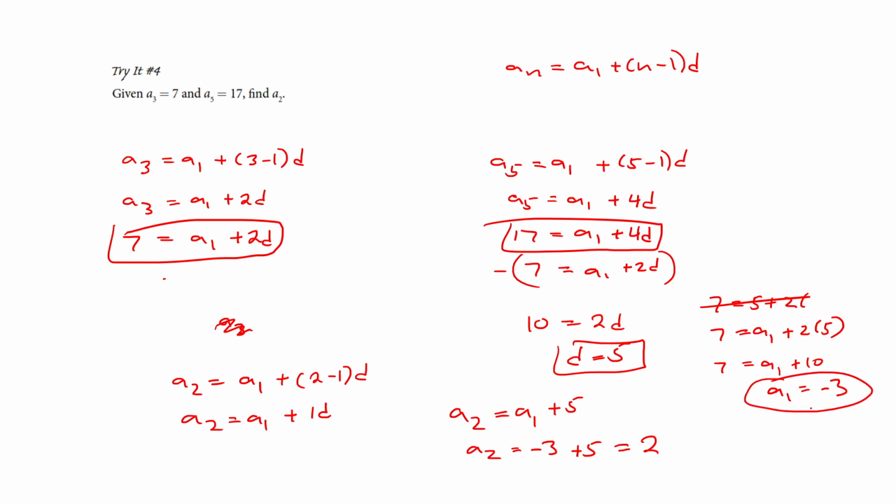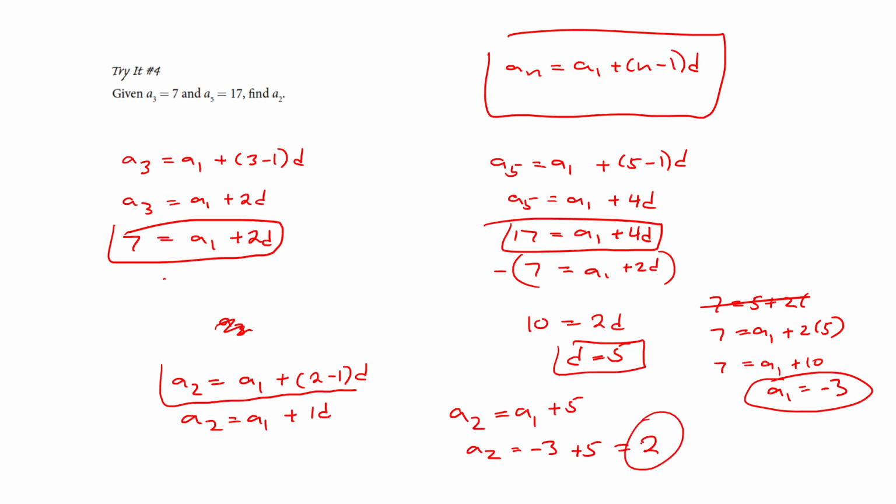So now I know A1, I know D, I know everything I need to use this formula here. I was looking for A2. It equals A1 plus that difference, and that's how I came up with 2. Okay, I think that was pretty straightforward, and hopefully that made sense. So we're looking at arithmetic sequences. They have a common difference between each 2 successive iterations.